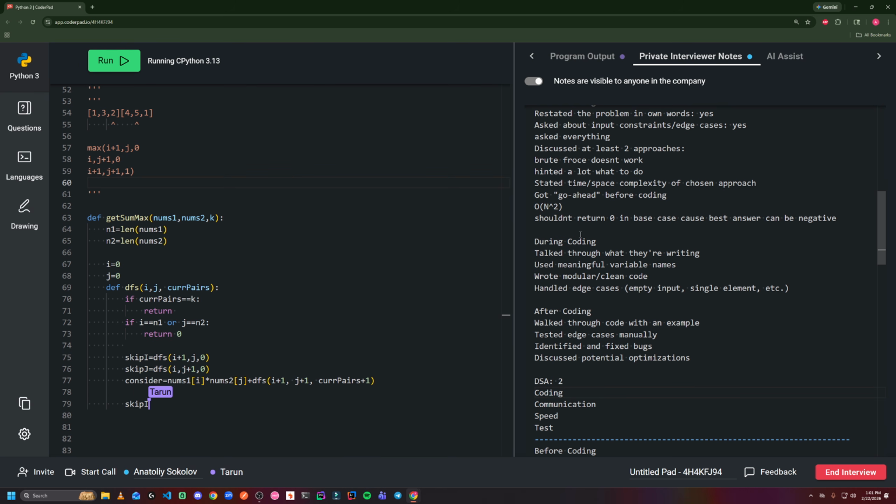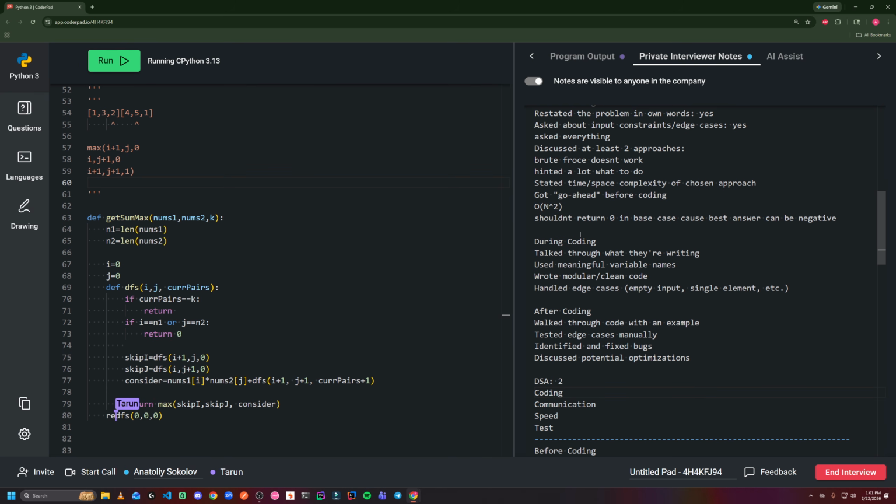So skip i, skip j, or consider. We will start at 0, 0 and current pairs is 0.